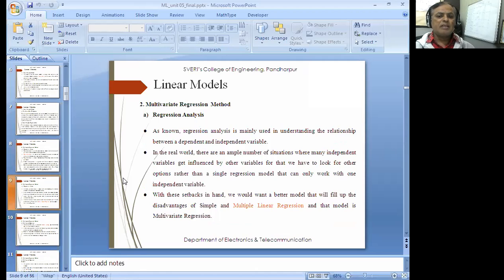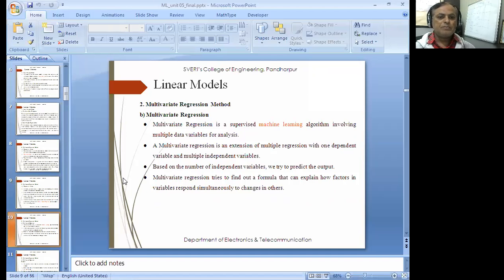Regression analysis helps you to understand the relationship between dependent and independent variables. There are a few drawbacks in simple linear regression and multiple linear regression, which are easily overcome by multivariate regression. That's why multivariate regression comes into the picture.